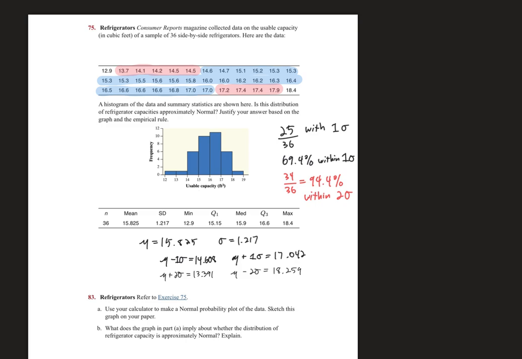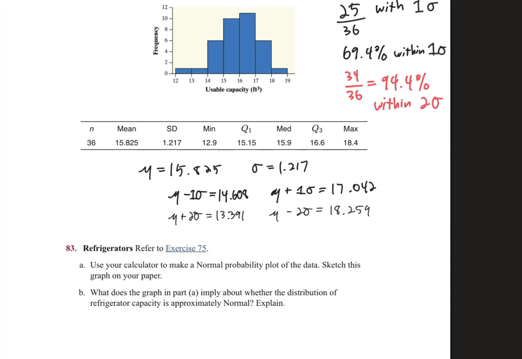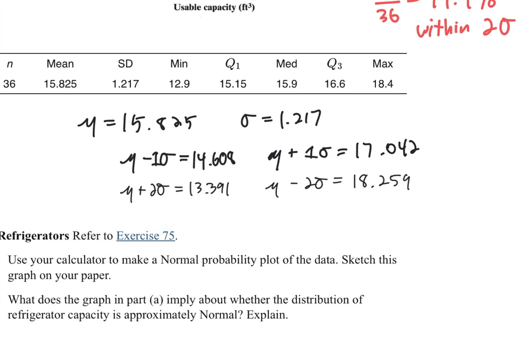Okay, maybe we'll do one more. The empirical rule goes up to 3 standard deviations, even though 2 is probably good enough to say that this is approximately normal.